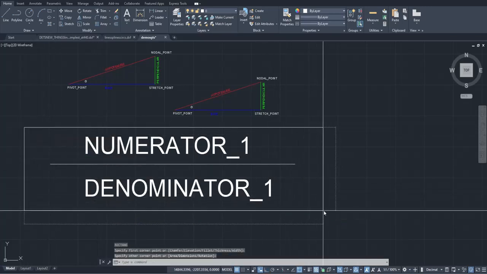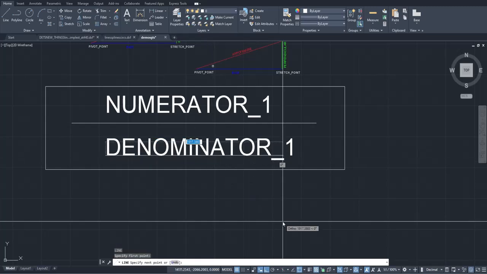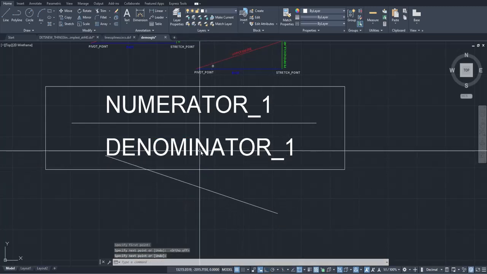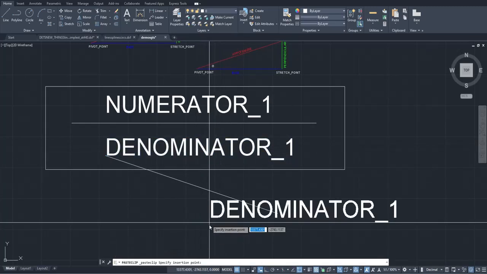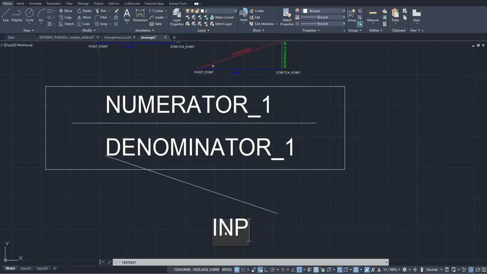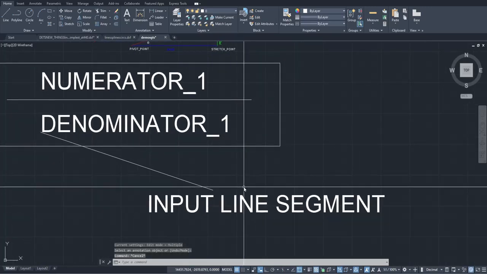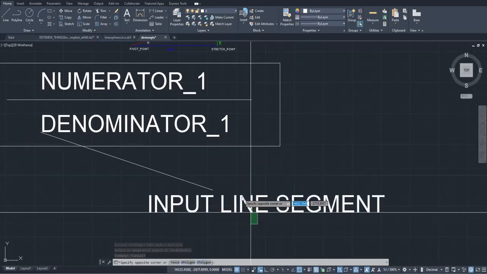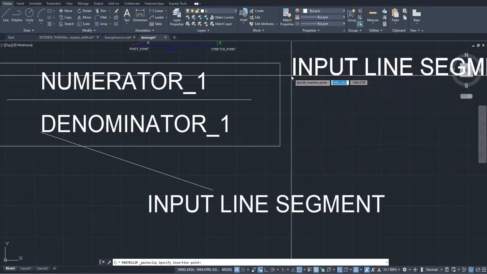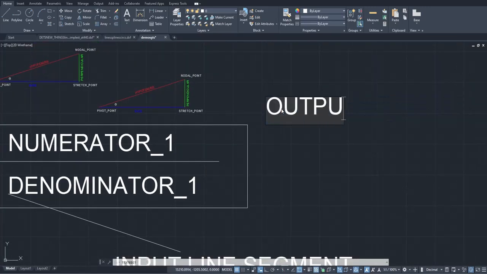We will think of it as some input line segment being consumed. This is one input line segment. The denominator is an input line segment, and this is consumed, that is eaten by some trigonometry ratio, and it generates another output line segment here, and that is the output line segment.